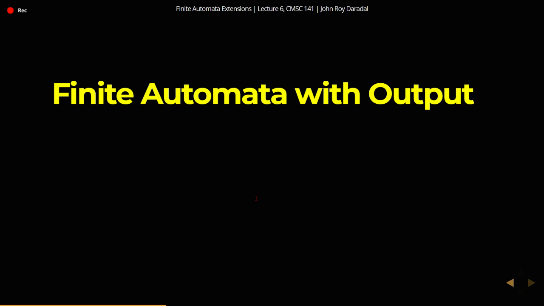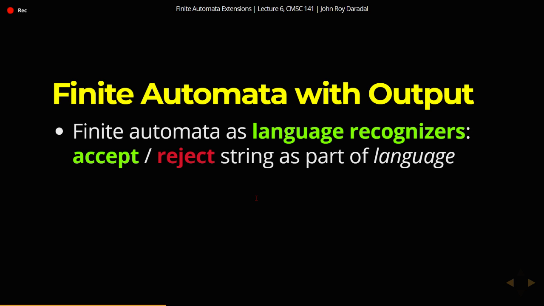Now let's go to the second finite automata extension, which is finite automata with outputs. So far, we have seen finite automata as language recognizers. So we said that the purpose of the finite automata was to accept strings as being part of the language or not, right?